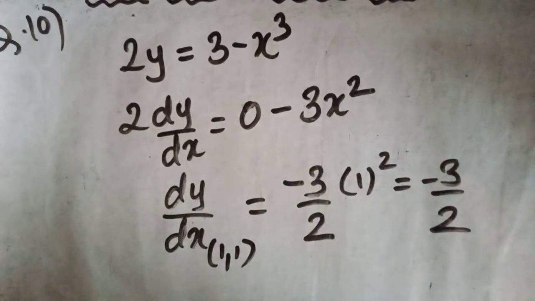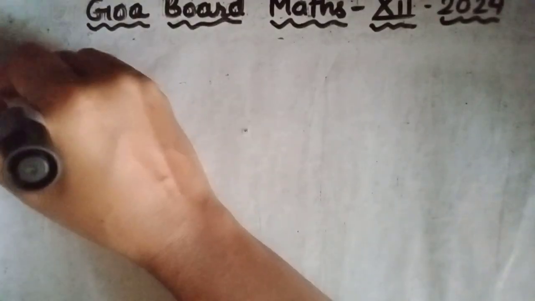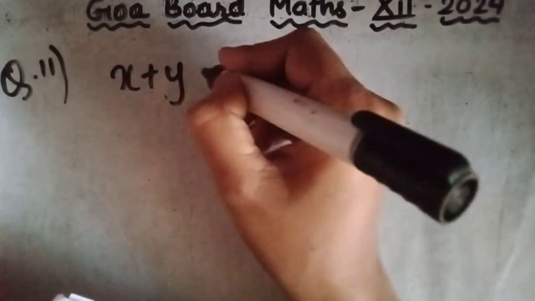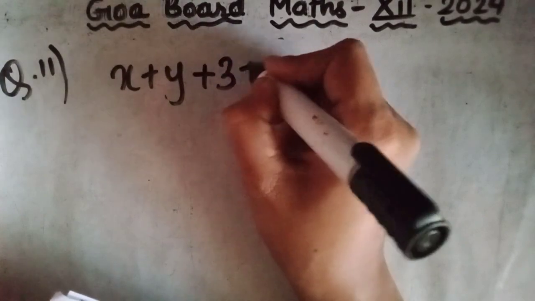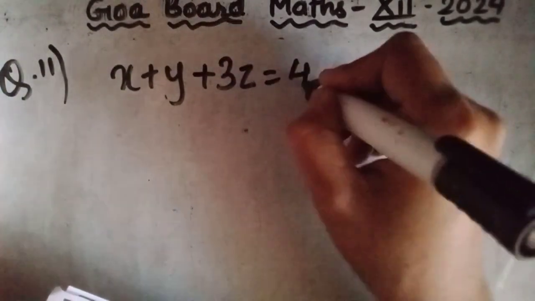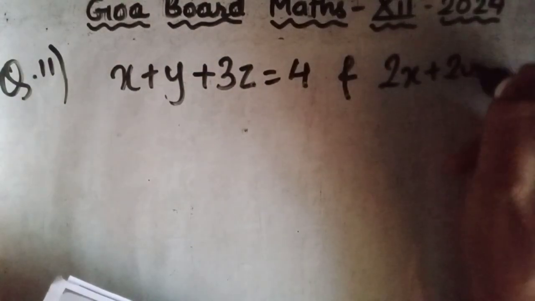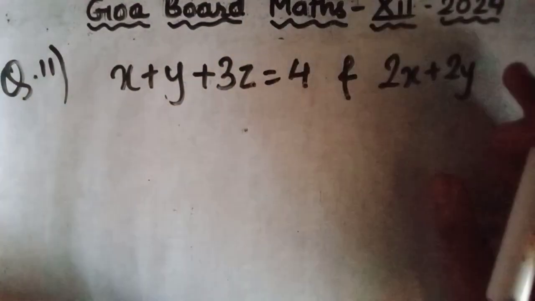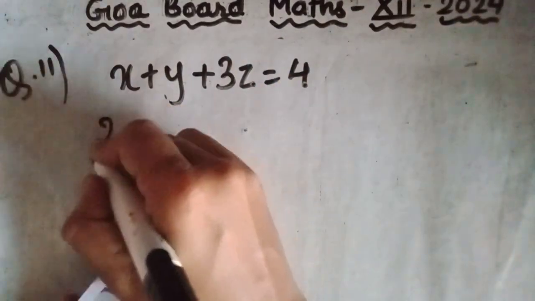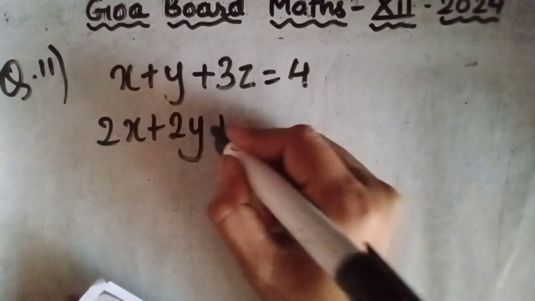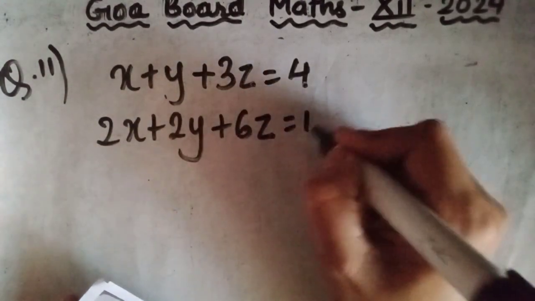Okay. So question 11. Find the distance between the two planes, and the equations are given. x plus y plus 3z equal to 4 and 2x plus 2y plus 6z equal to 10.